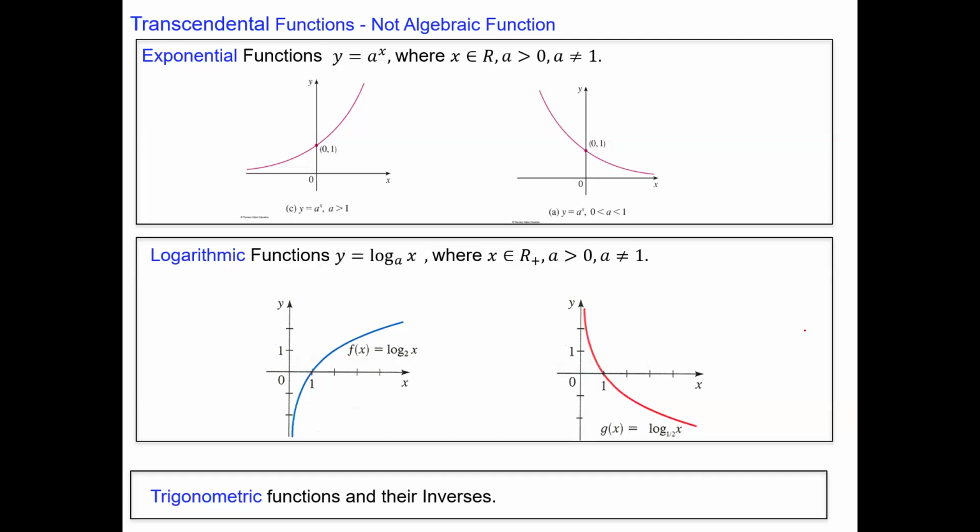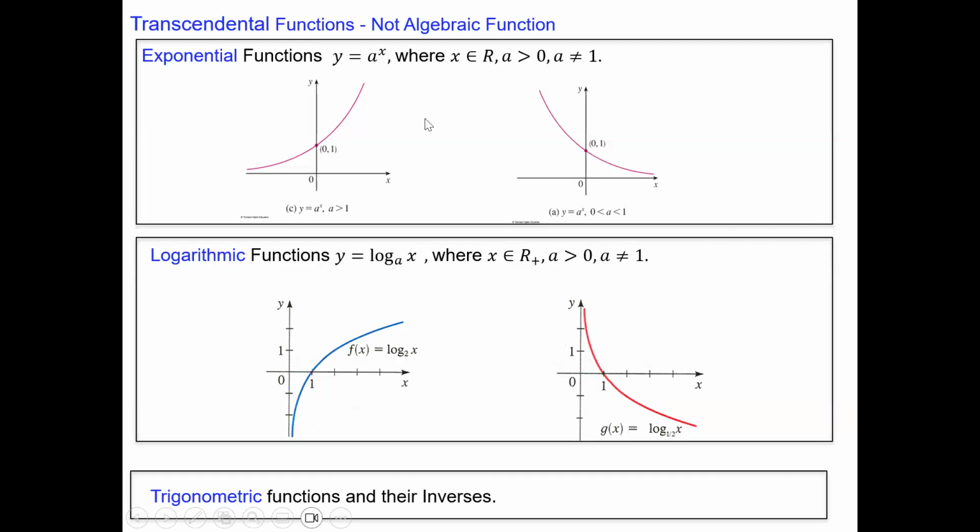Okay, transcendental functions. I will not talk about this a lot because we have separate sections, 1.4, 1.5, 1.6. But just for your information, they are not algebraic. They are defined totally differently. X is in the exponent, a is the base, a is always positive, never 1, because 1 to the power of any number will be 1.